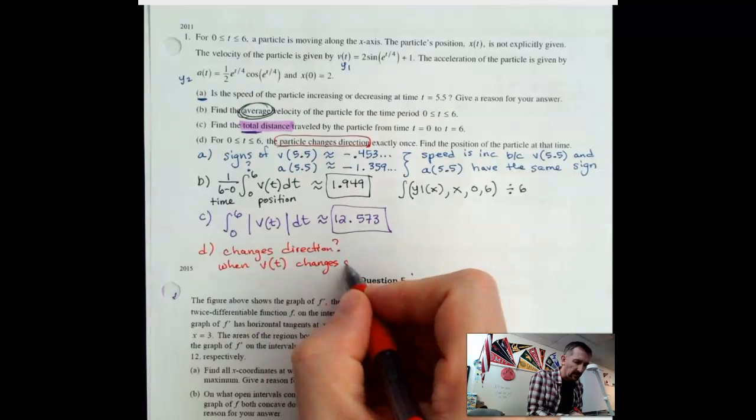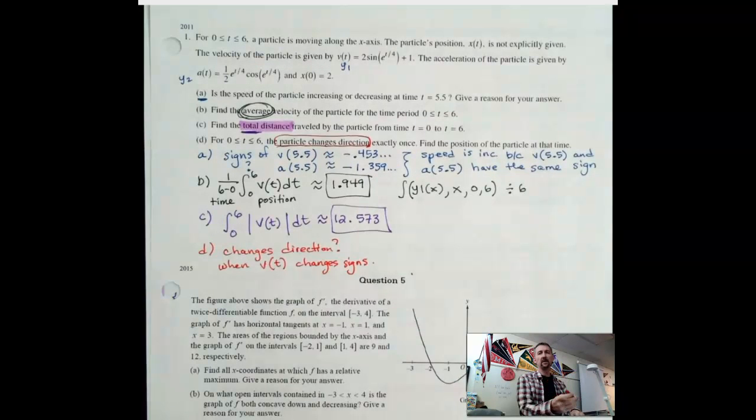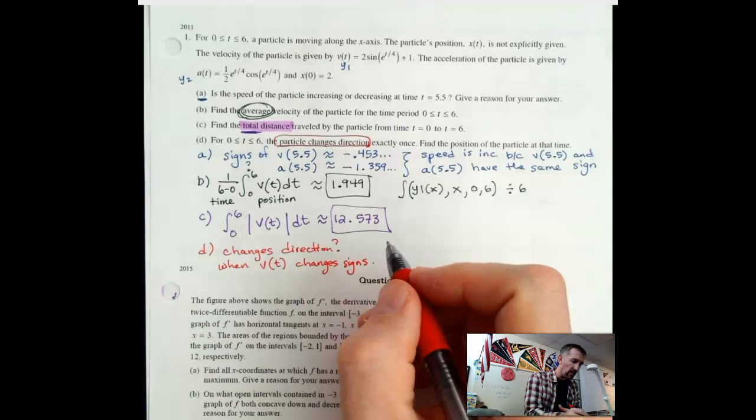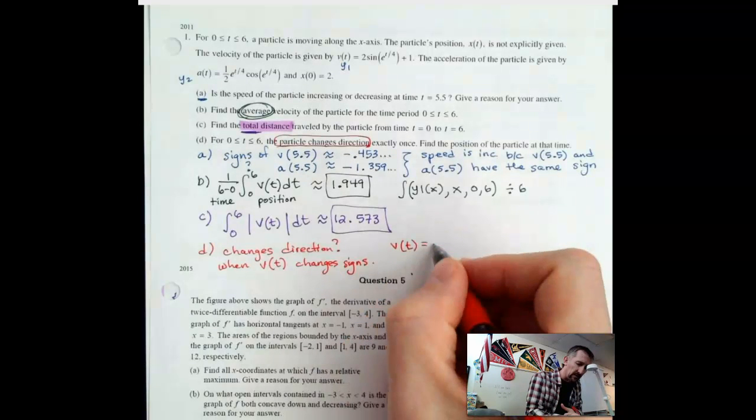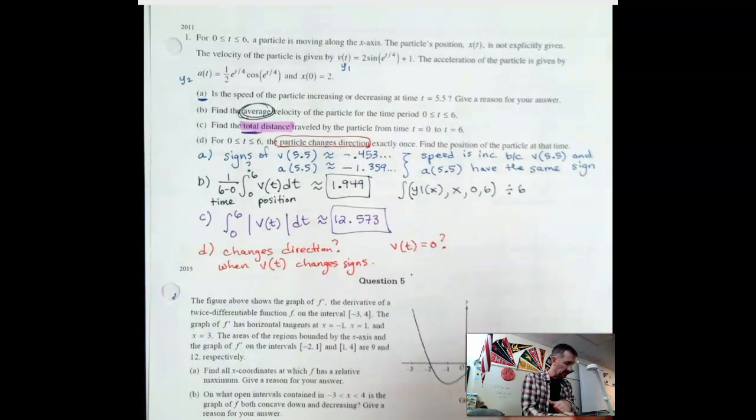If you think about it, think about the pen being thrown in the air. When the pen is thrown in the air, it's going up because it has a positive velocity, and then when it starts to come back down, it has a negative velocity. So when the velocity changes signs, the pen changes directions. Okay? So we need to know when v of t equals 0. All right?